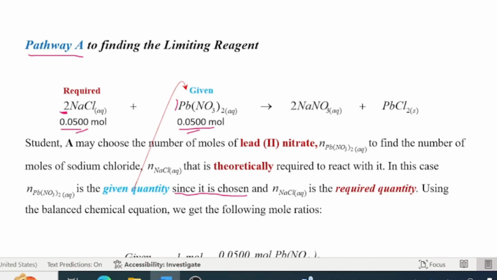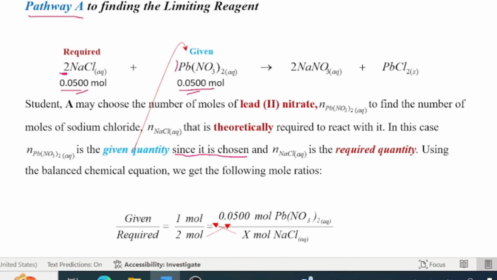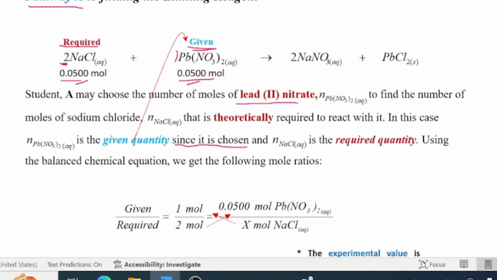But I'm going to do that to show you how different students will approach this, and they'll end up with the same result. Now we'll choose the number of moles of lead nitrate to find out in theory whether or not this value here is correct, whether you need more or less. Because you're choosing this one, it becomes the given quantity, and this one becomes the required quantity, right? So set up our mole ratio here.